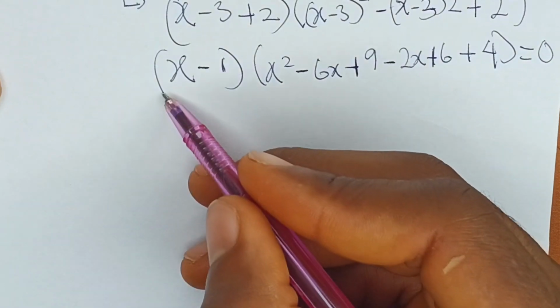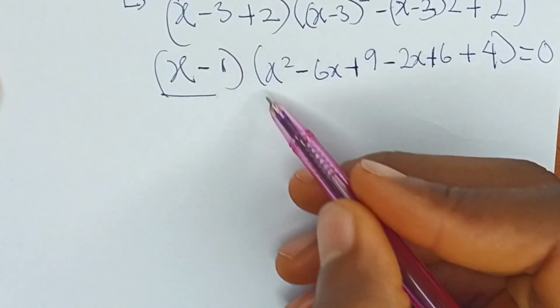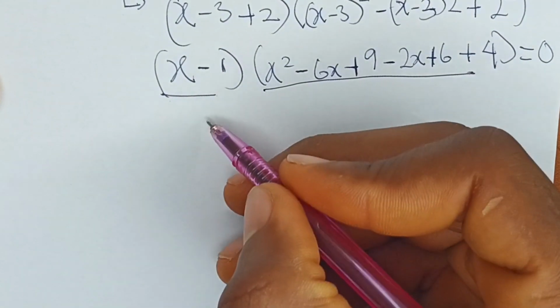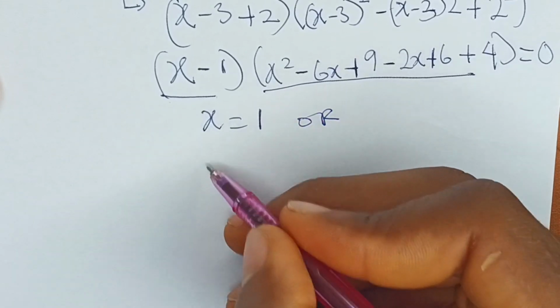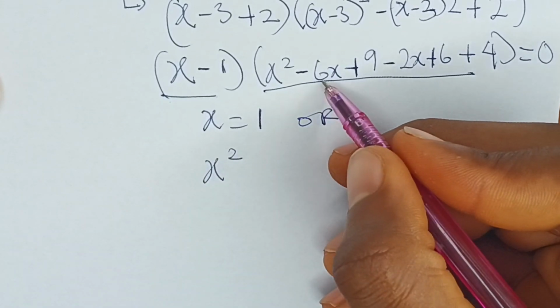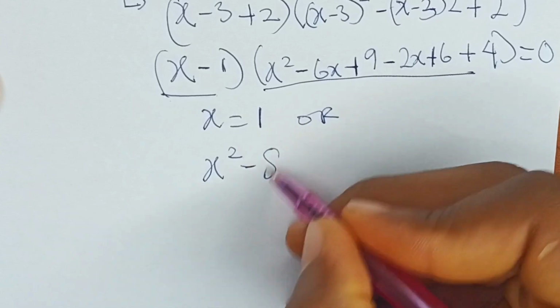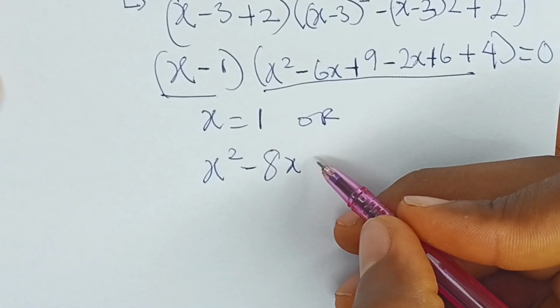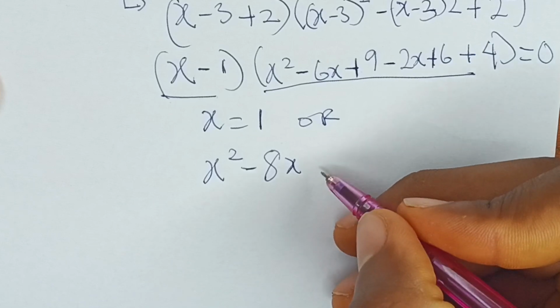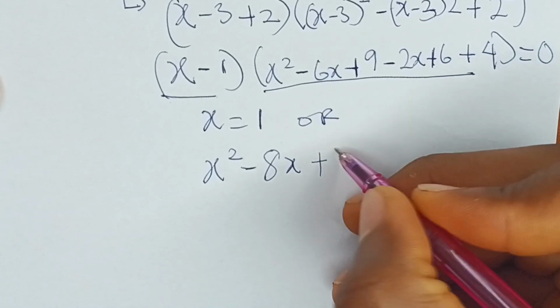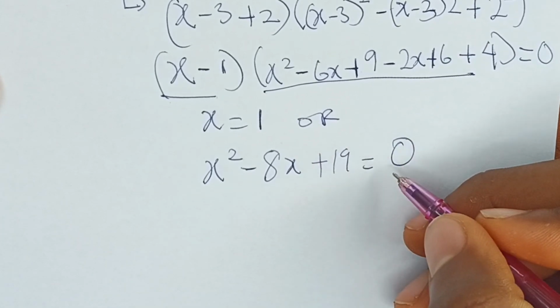Moving on from here, when the product of two things is equal to 0, it's either the first one is equal to 0 or the second one is equal to 0. So it's either x is equal to 1 or, now this is x^2 − 6x − 2x, which is −8x, 9 plus 6 is 15, plus 4 is 19. So x^2 − 8x + 19 is equal to 0.